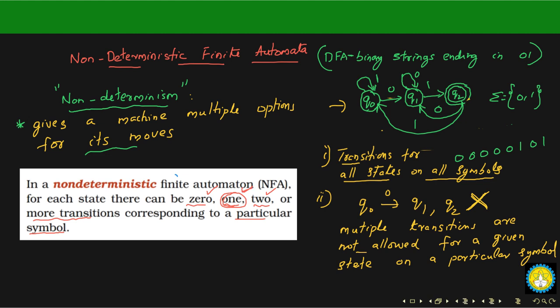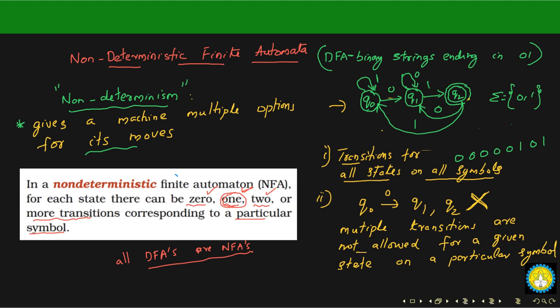So in fact, we can say that all DFAs are NFAs, but the reverse is not true. All NFAs cannot be DFAs, because NFAs allow zero, one, two or more transitions from a given state on a particular symbol. All DFAs are definitely NFAs, but we cannot say that all NFAs are going to be DFAs.